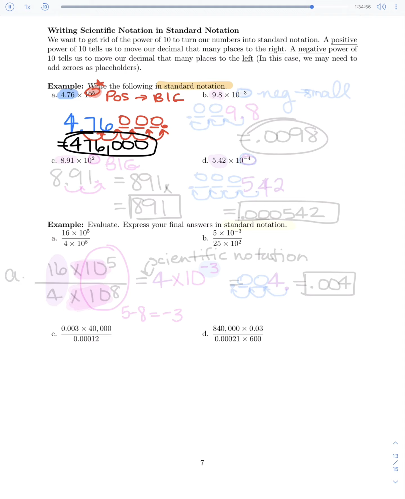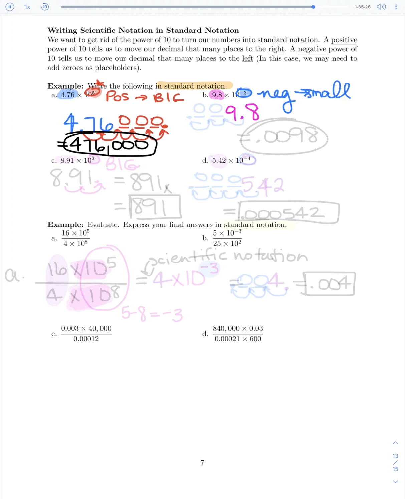Let's take a look at B. In B, we're going to start out with 9.8, our regular number. And then we're going to use our exponent. Notice our exponent on this one is a -3. It tells me I'm going to move my decimal place three places, but the negative tells me that my number should be getting really small and turning into an even smaller decimal.